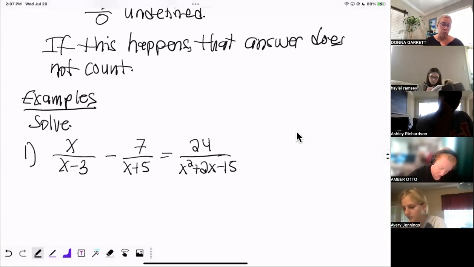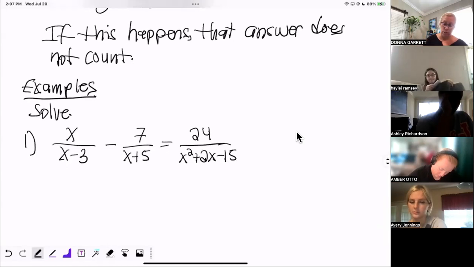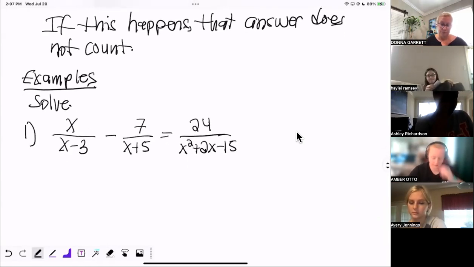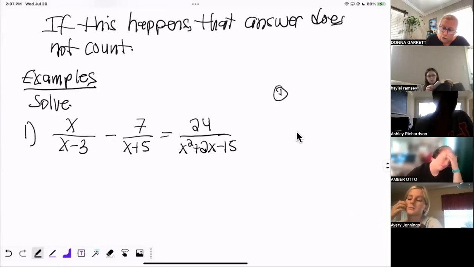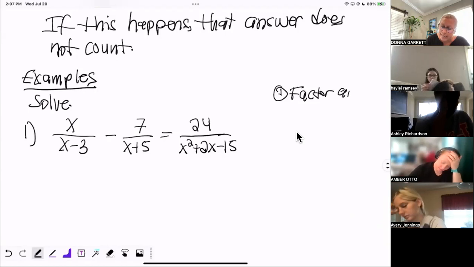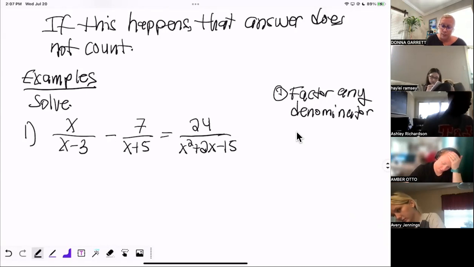That is a typical rational equation problem. So what do we have to do? We have to factor any denominator. Very first thing we got to do. If a denominator can be factored, we got to factor it. So I look here. I'm going to have to factor that.